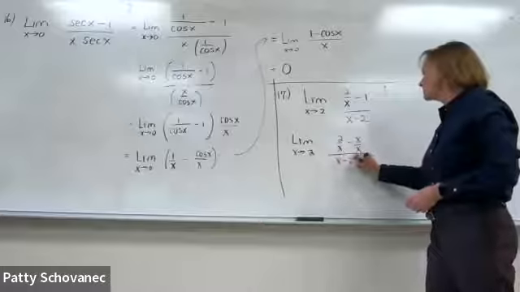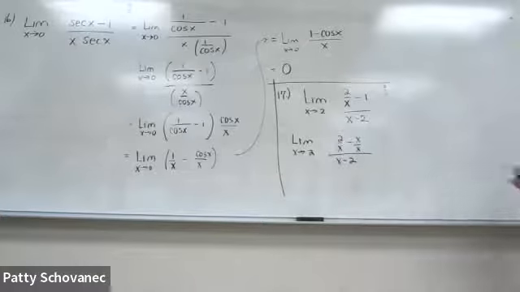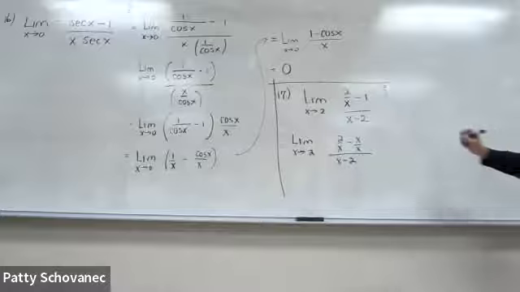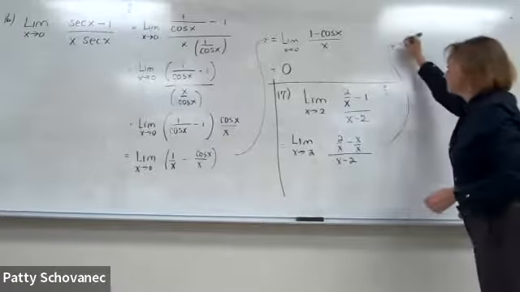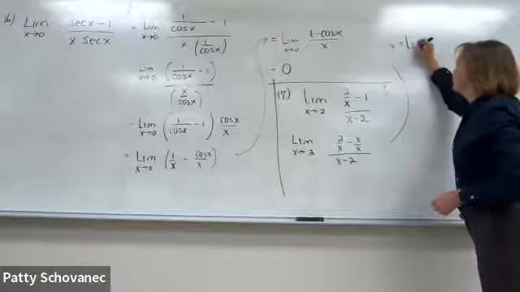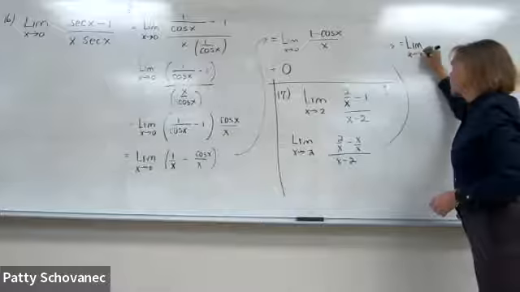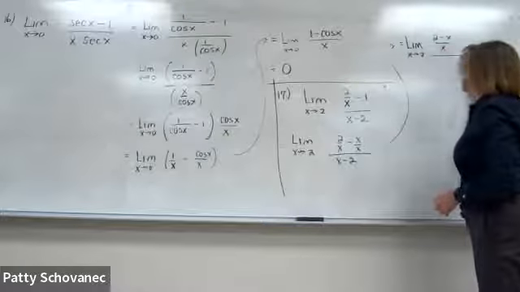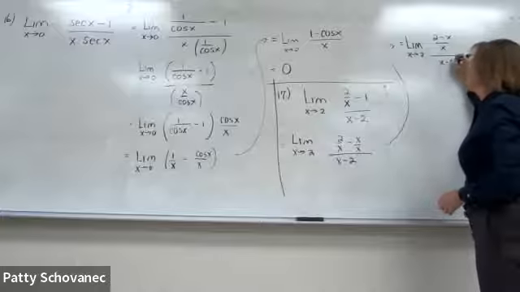And then once I have a common denominator, I can put them together as a single fraction. So I'll have a 2 minus x over x. Then I have that divided by x minus 2.